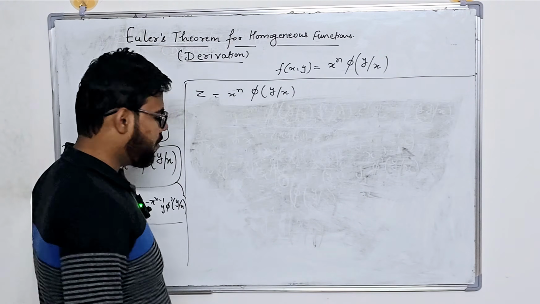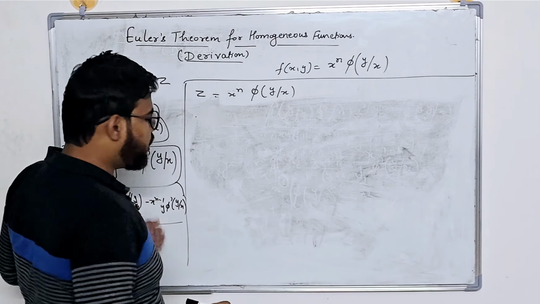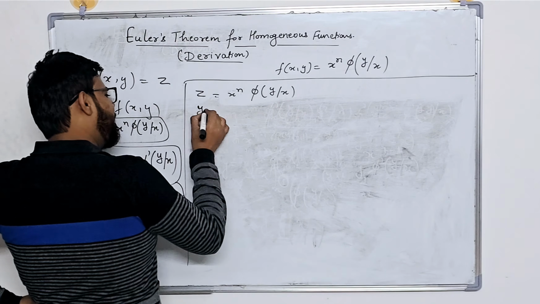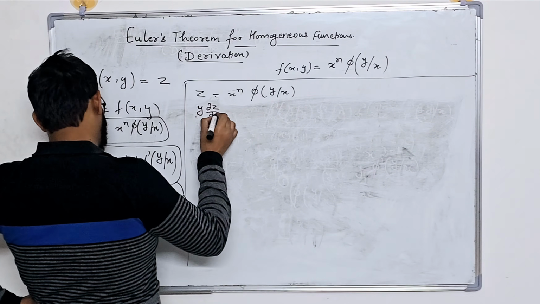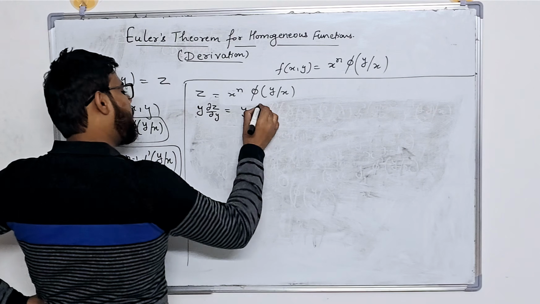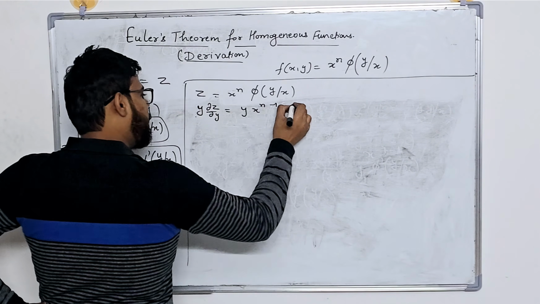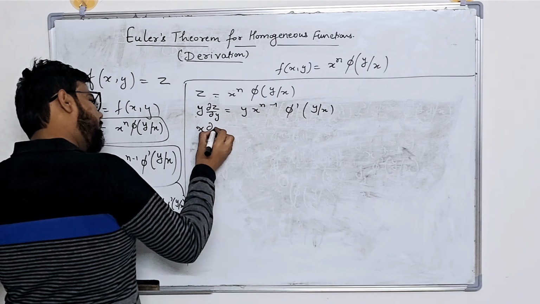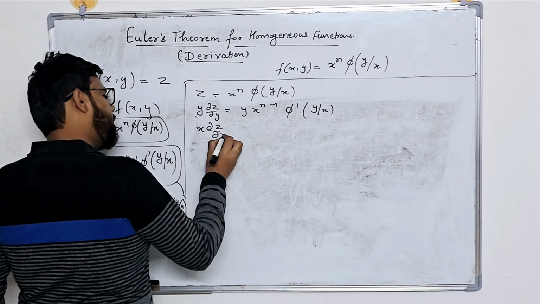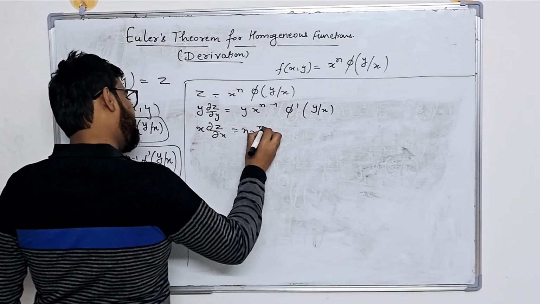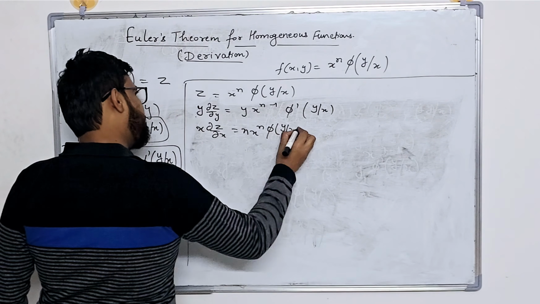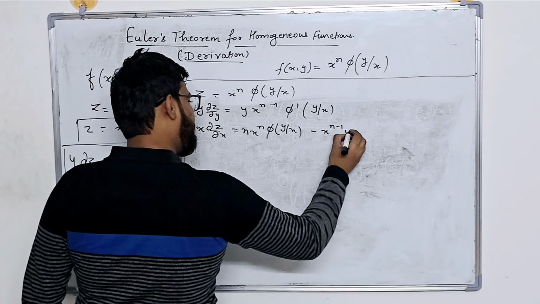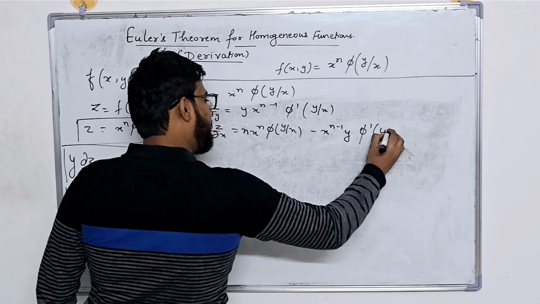Now let's add both the expressions and see what we get. So we had got y del z by del y is equal to y x to the power n minus 1 phi dash of y by x, and x del z by del x is equal to n x to the power n phi of y by x minus x to the power n minus 1 into y phi dash of y by x.